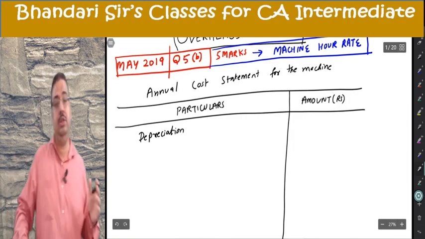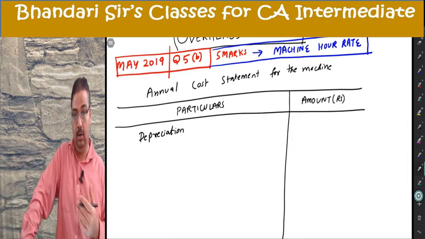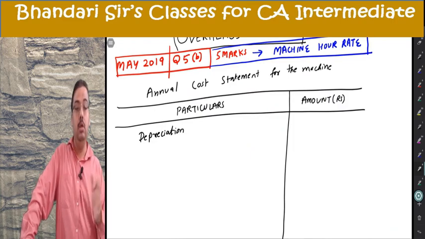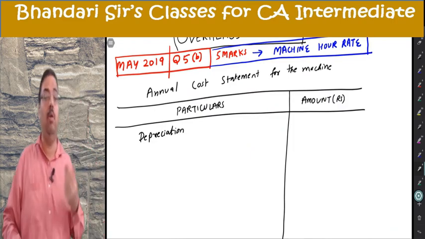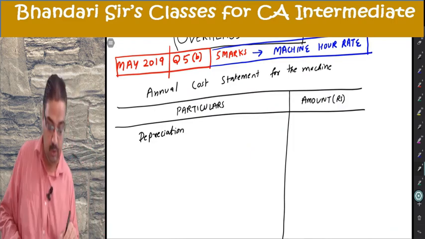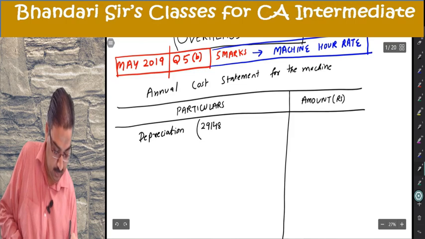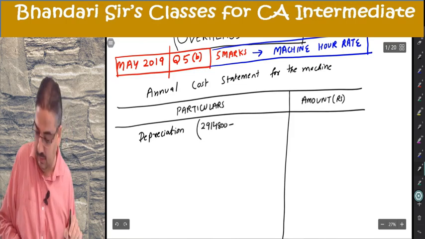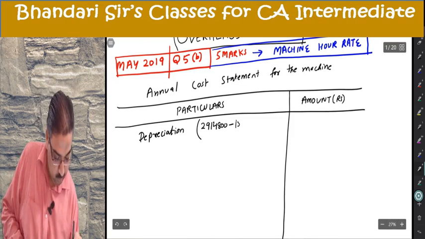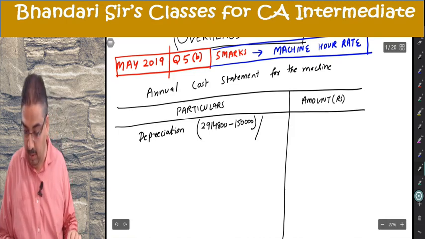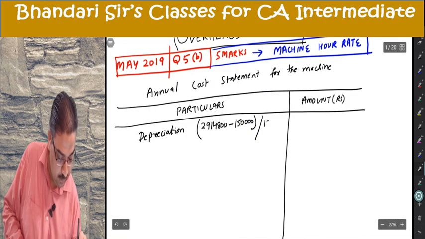It is your choice. You can do the calculation in bracket or make a separate working note for the computation. I am doing in bracket. This is 29,14,800 minus scrap 1,50,000 divided by number of years of useful life, 15 years.